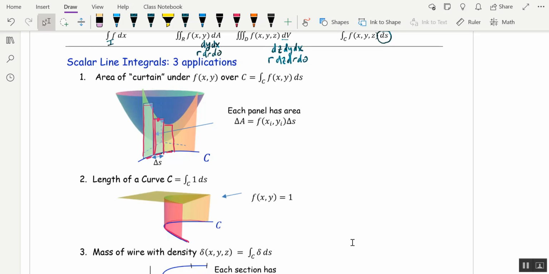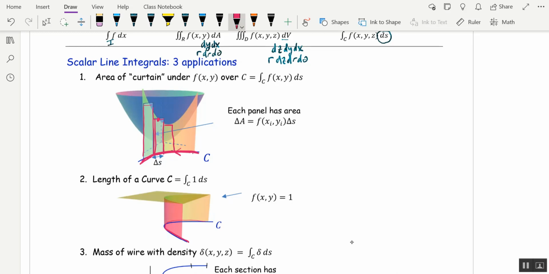So if we jump over here, independence of parameterization. There are many ways to parameterize a curve. However, the area of this curtain is going to be the area of the curtain no matter how I parameterize it. So I could even go backwards and the area is still going to be the area. And then property 3, dependence of path.